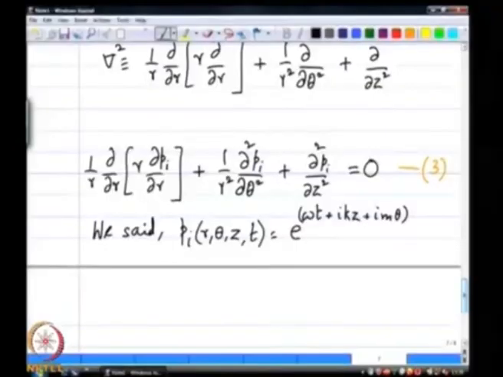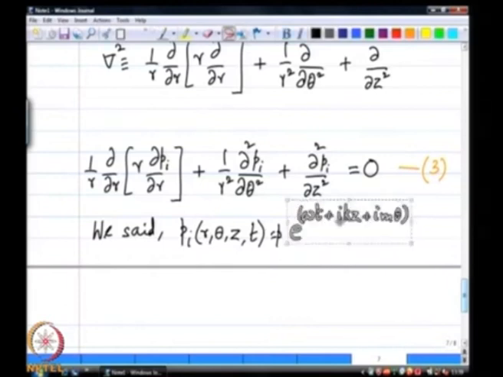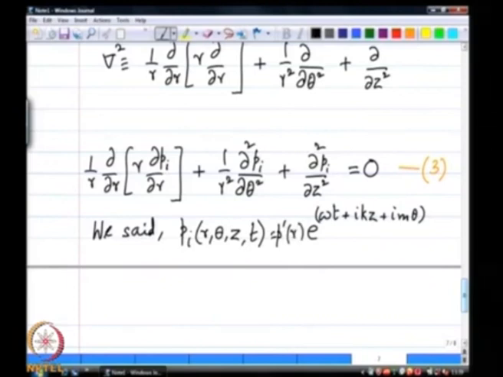We will see what this means in just a moment, but essentially I am assuming that my perturbation has two spatial variables and one time variable, and of course I have the pre-multiplier p prime I of r, which is what we said would be the eigenfunction in the r direction.